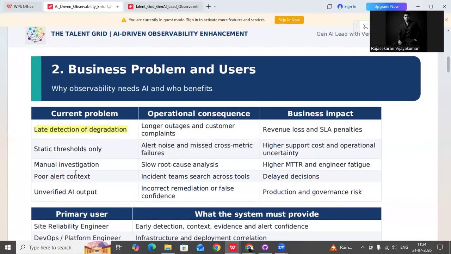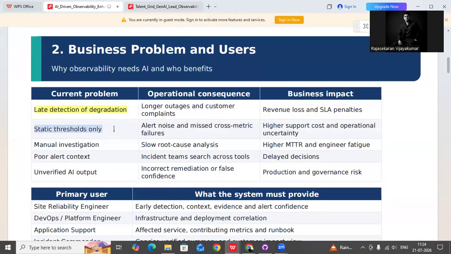There were static thresholds in the system earlier, due to which we could not predict the alerts on time. Similarly, manual investigations were being done earlier, and we wanted automated investigation in order to diagnose the problem and protect the business from getting impacted.